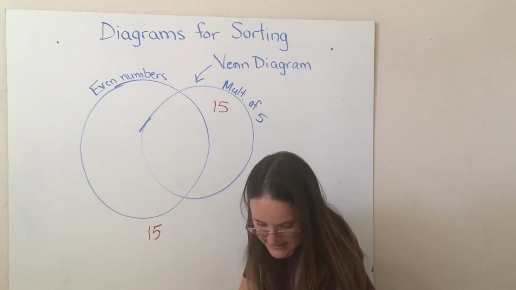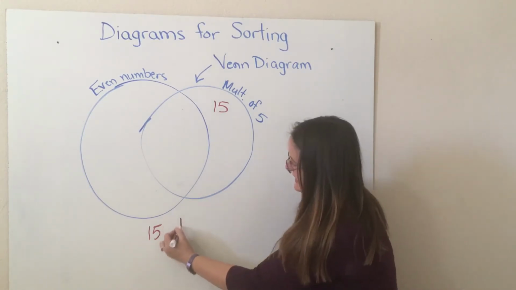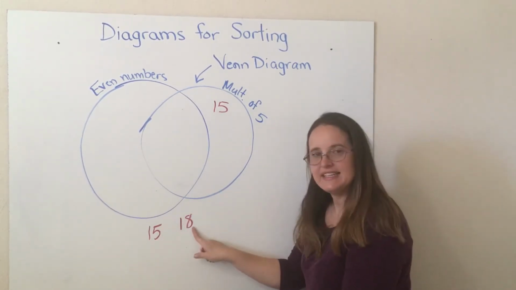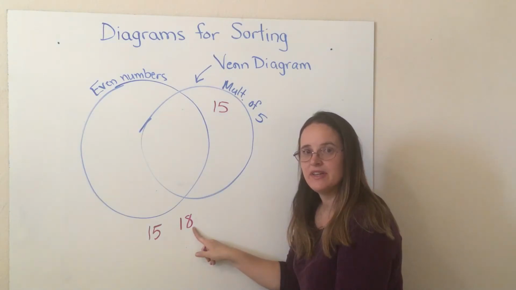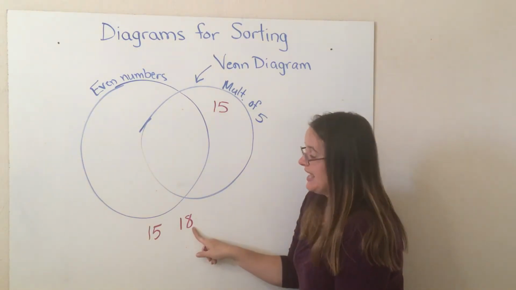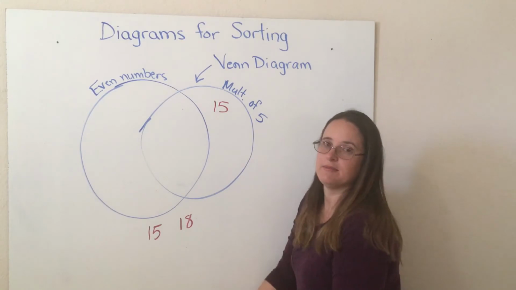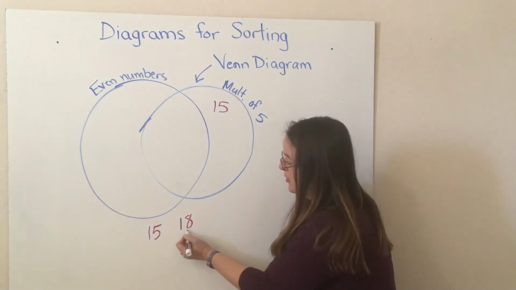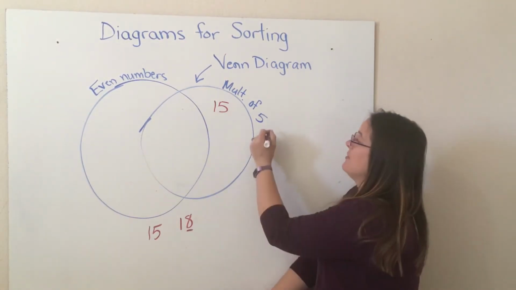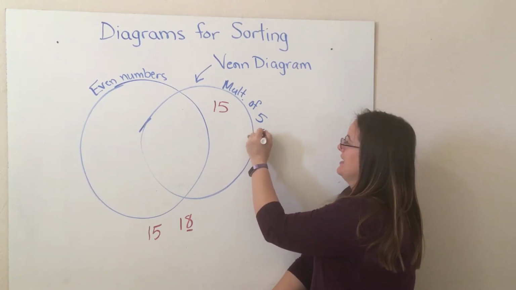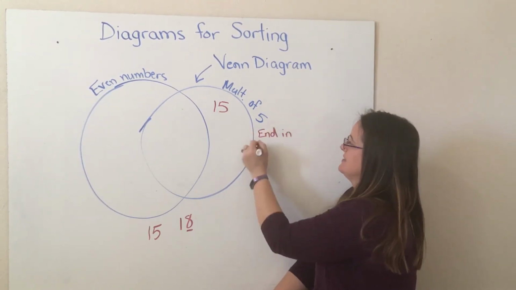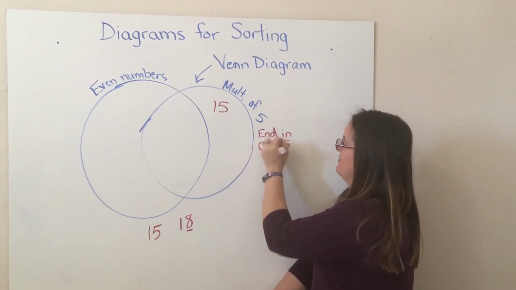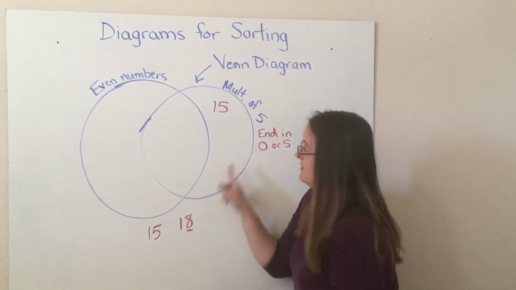All right, our next example is 18. Is 18 an even number? Yes, it is. Is 18 a multiple of 5? Well, we know that multiples of 5 always end in 0 or 5. So 18 doesn't fit this category.